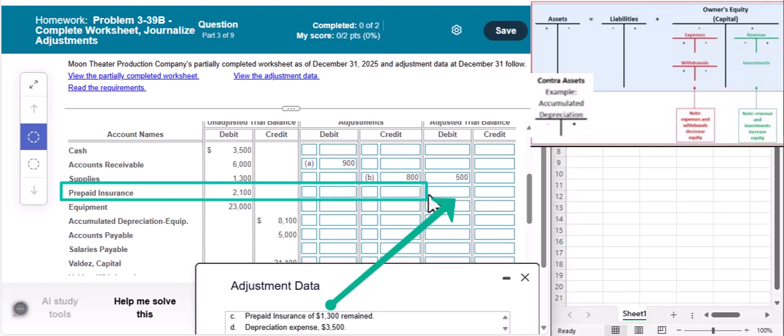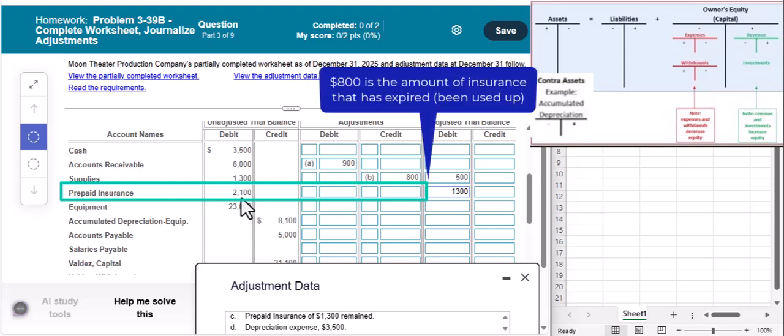So that is going to be a $1,300 balance here as a debit for prepaid insurance since it is an asset. So how much do we have to lower our prepaid insurance to get it to 1,300? That is going to be 800. So that means we had to credit, since the balance is a debit, 800 in order to lower our prepaid insurance down to 1,300.